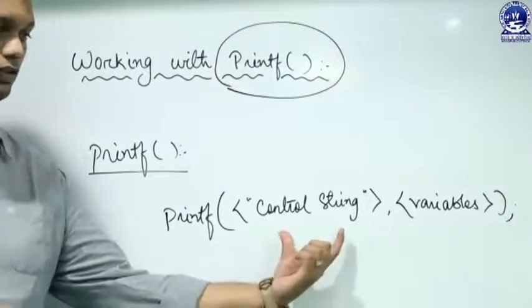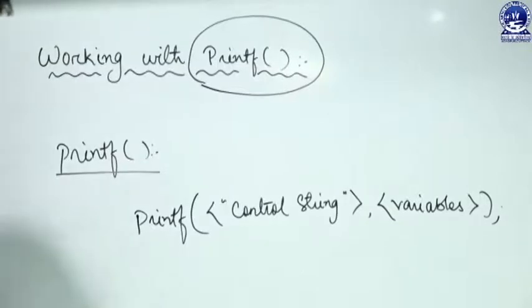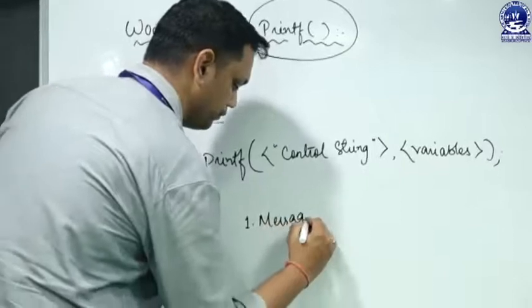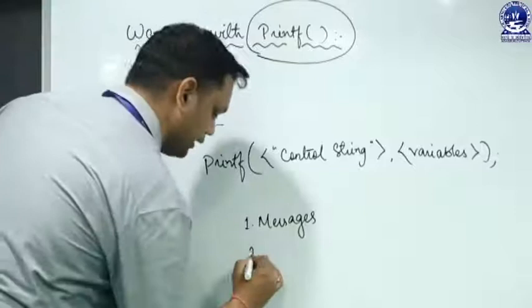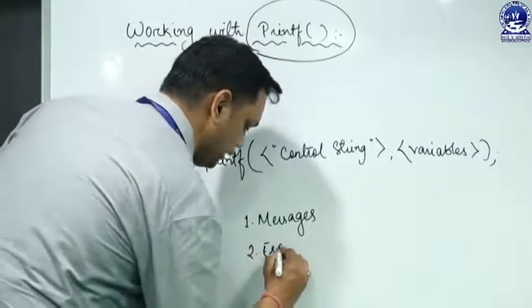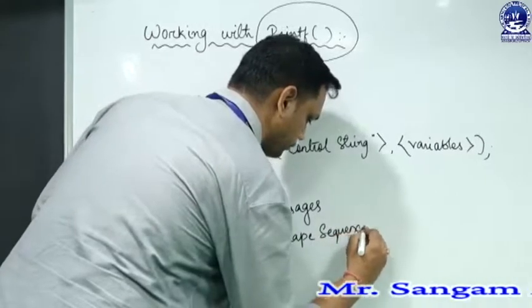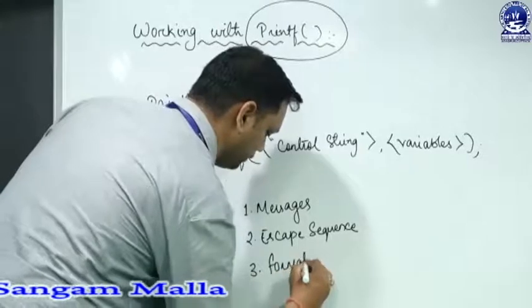So, what do you mean by control string? Actually, the control string is divided into three categories. The first one is your messages, which will be printed directly. The second one is your escape sequence, and the third one is your format specifier.